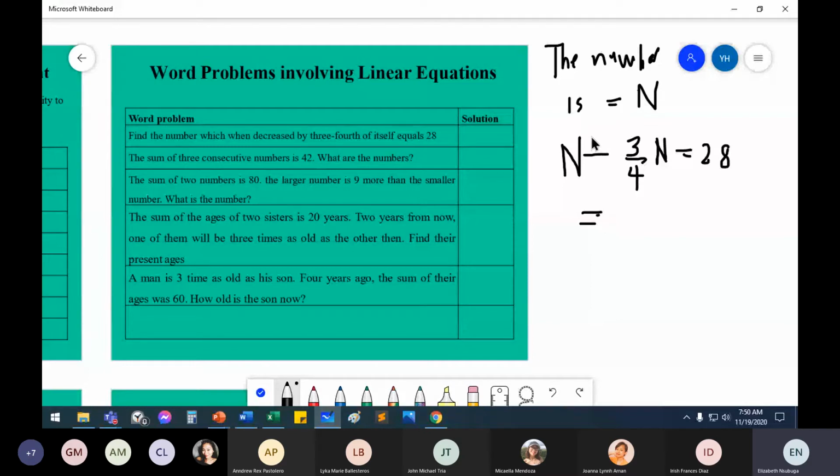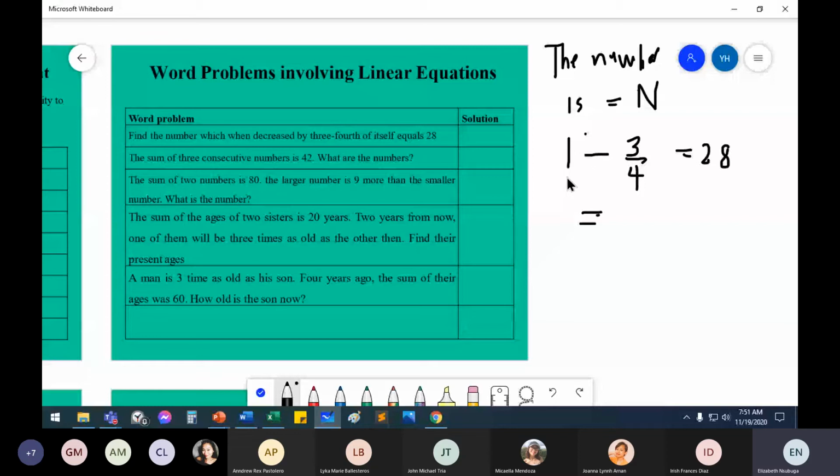Now, you have two variables, n and n. They are the same. If I remove the n, there should be a 1 here. Why? Because it's whole, and this is a fraction.